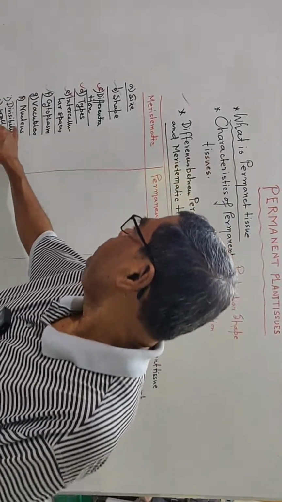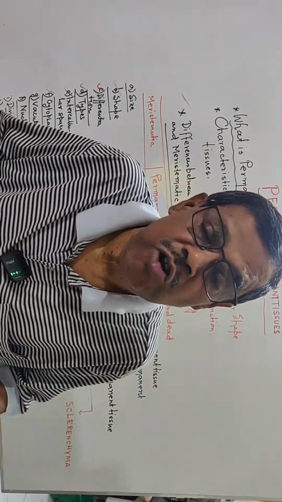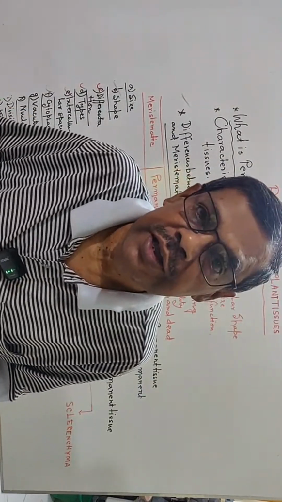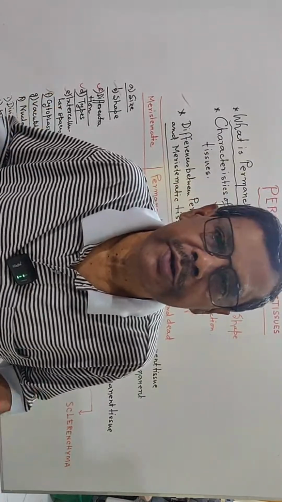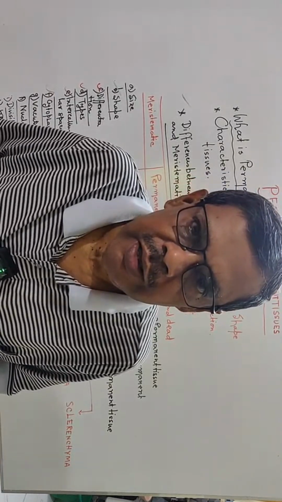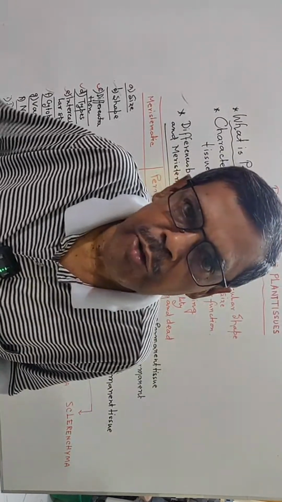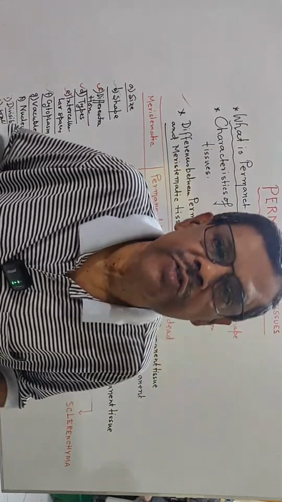Next, nucleus. Centrally conspicuous nucleus is present in meristematic tissue. In case of permanent tissue, peripheral cytoplasm is present, and within the peripheral cytoplasm, a less conspicuous nucleus is present.